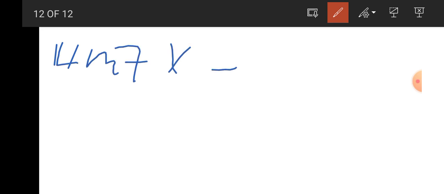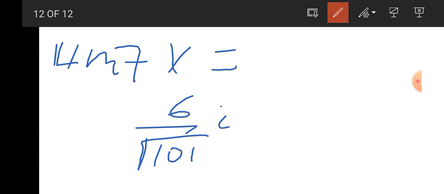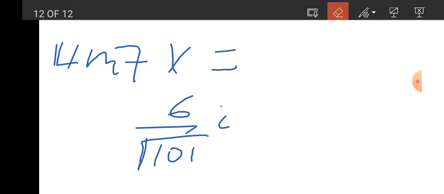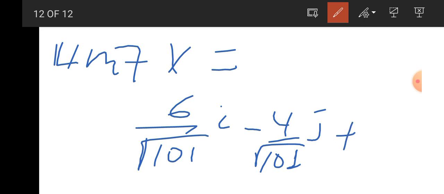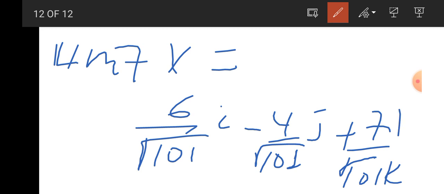This means unit vector is equals to 6 over the square root of 101 in the i direction, minus 4 over the square root of 101 in j plus 7 over the square root of 101 in k direction.